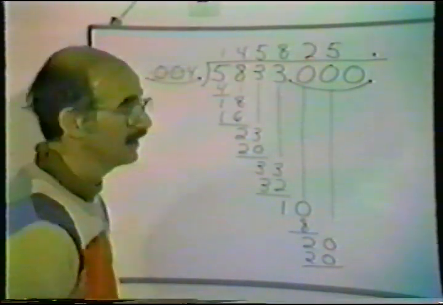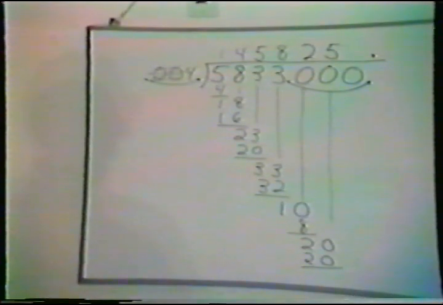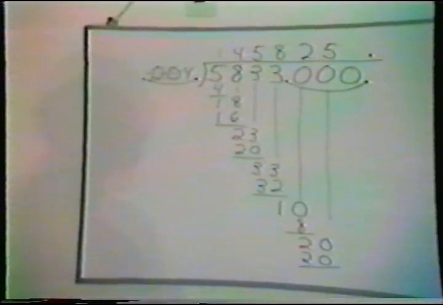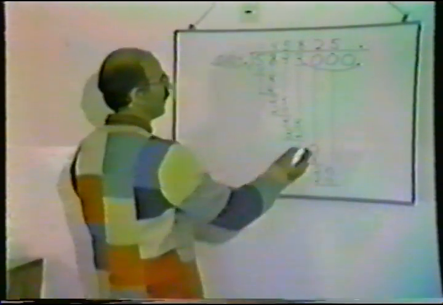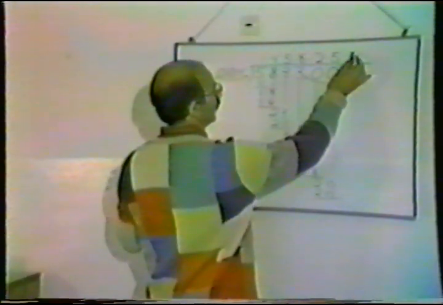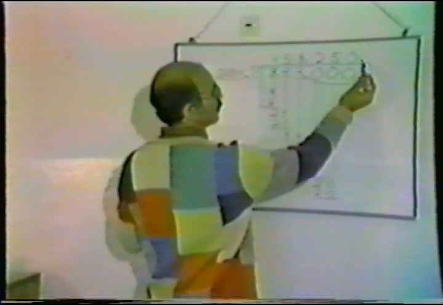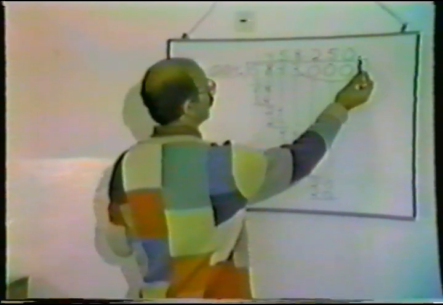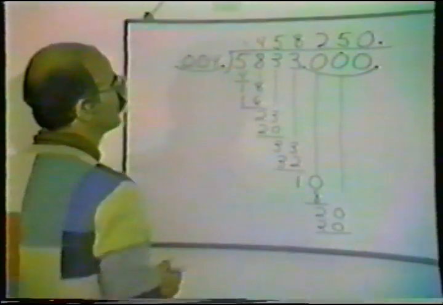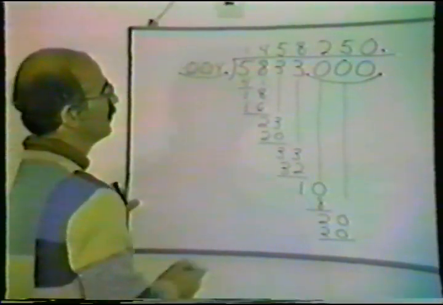Is it finished? No. What have I forgotten to do? Write the 0. We have to put a 0 in this place because the decimal point comes after that place. Now we have to read this number.